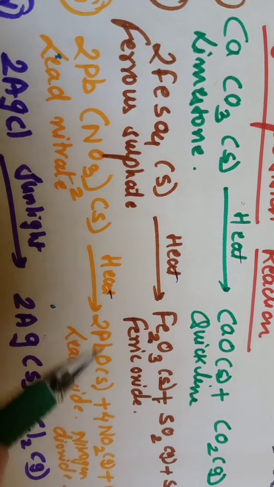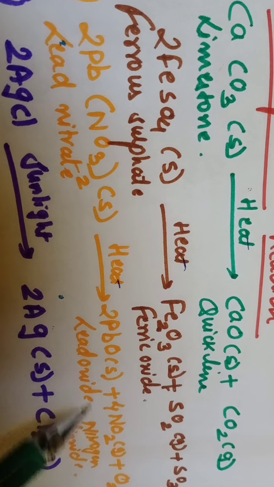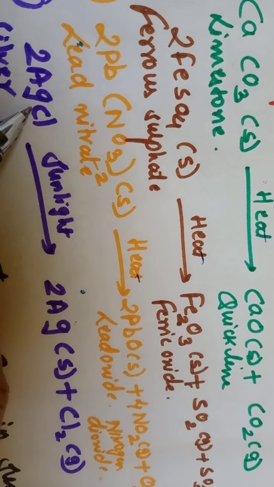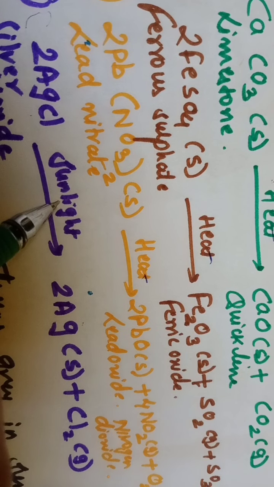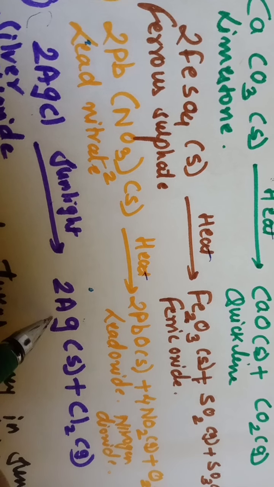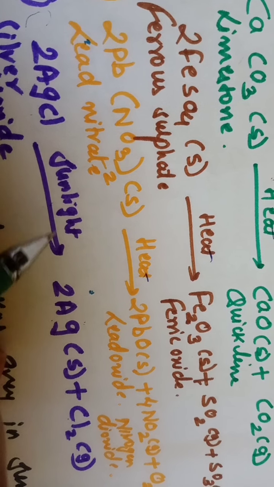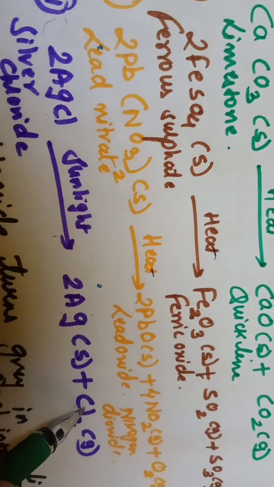Here lead nitrate gets decomposed to form three products: lead oxide, nitrogen dioxide and oxygen. Next reaction, dear students, this is a very important reaction where silver chloride in presence of sunlight gives silver and chlorine. So silver chloride gets decomposed in presence of light to give silver and chlorine.